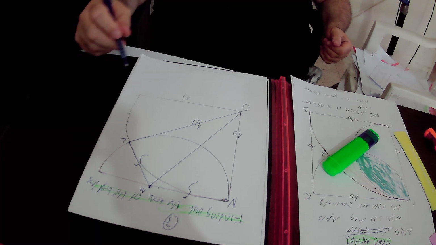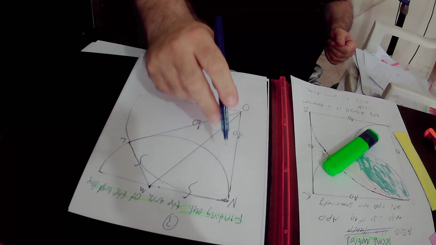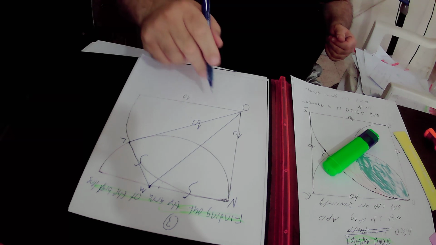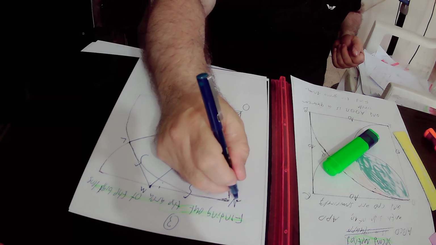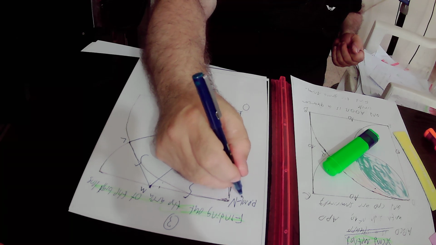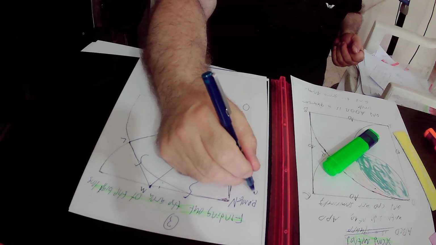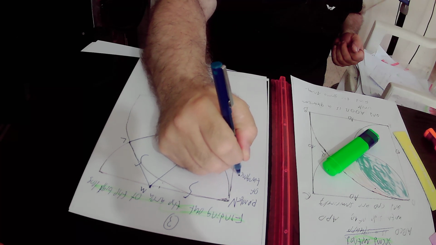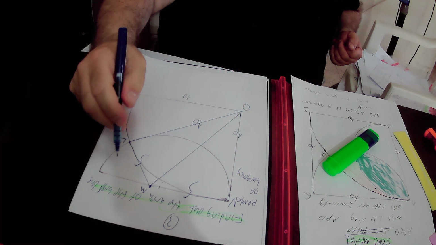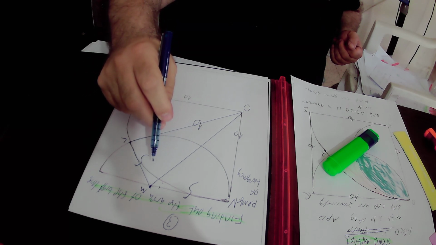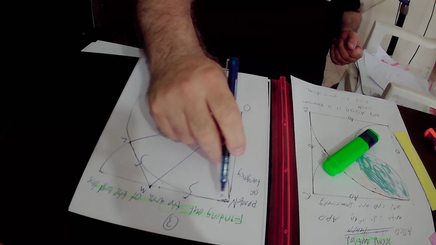Actually, point N is the point of tangency of tangent MN with this quarter circle.